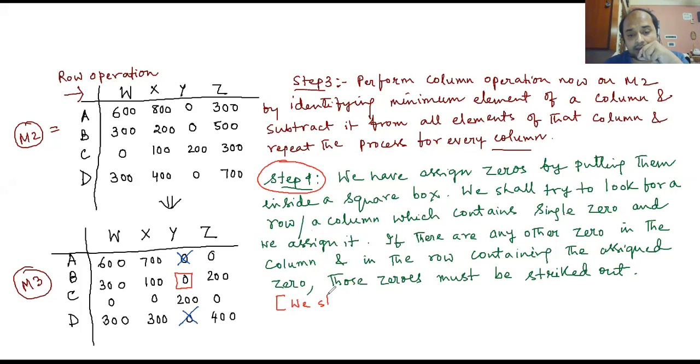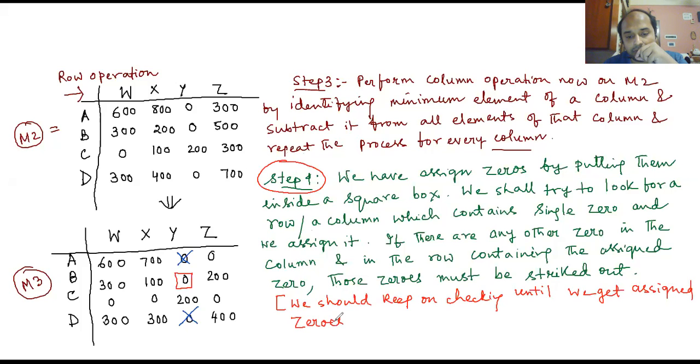We should keep on checking until we get an assigned zero in every row and in every column. Okay, that is the checking criteria.